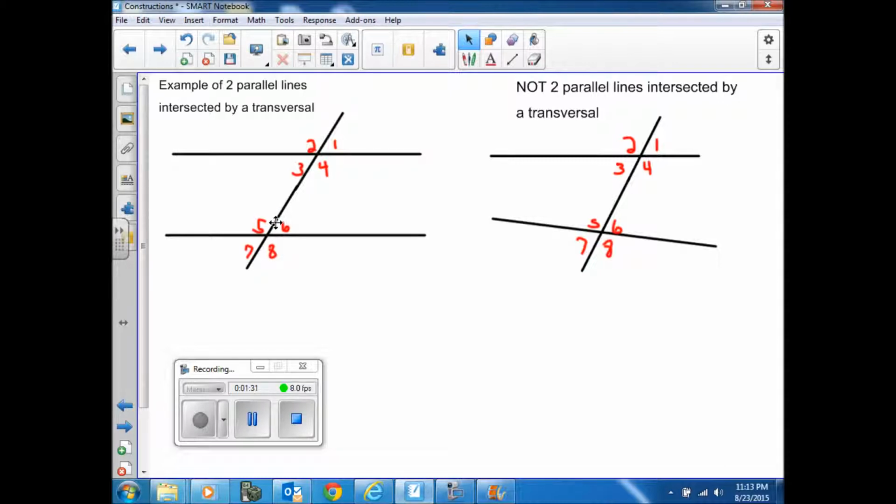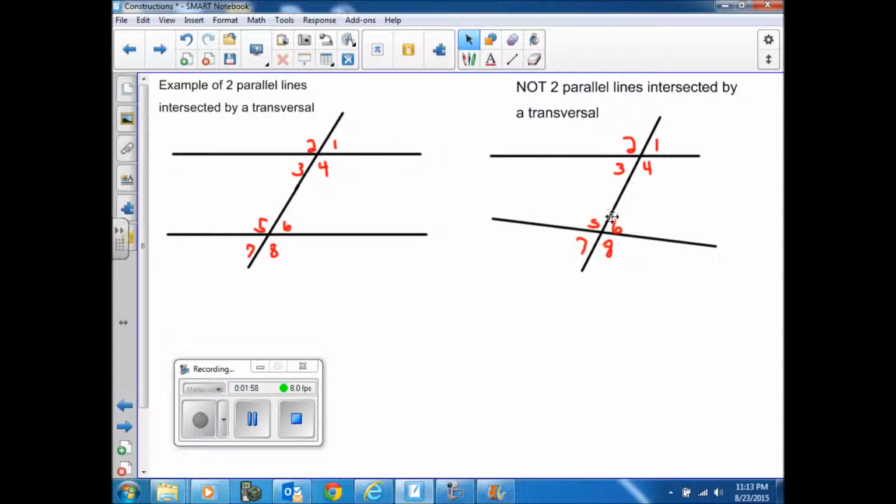So if I were to take this bottom part, shift it up here, all of the angles would land right on top of one another. They are all corresponding, which is what you will have when you have two parallel lines cut by a transversal. The fact that angle 1 is equal to angle 6 and angle 2 is equal to angle 5 proves that these lines have to be parallel.